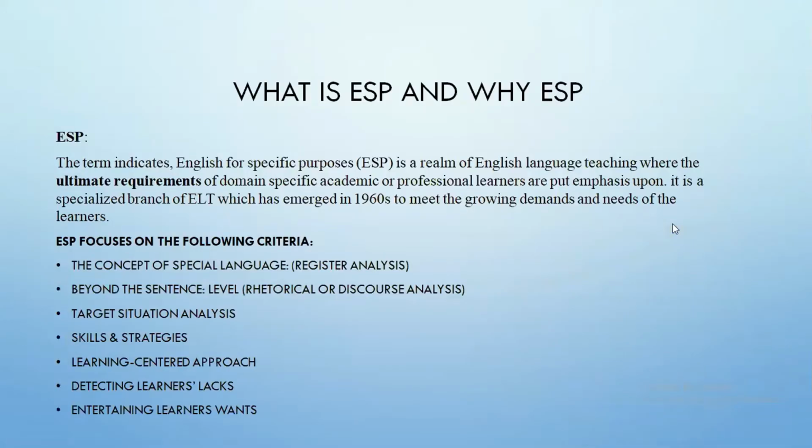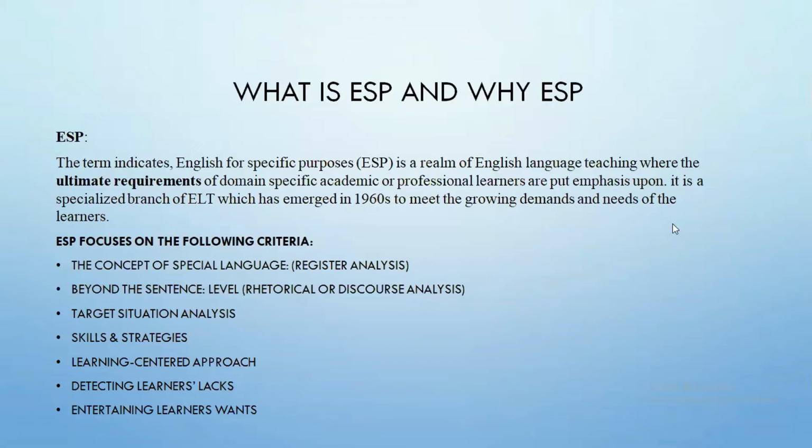What is ESP and why ESP? As the term indicates, ESP is a realm of English language teaching where the ultimate requirements of the domain-specific academic and professional learners are emphasized. It's a specialized branch of ELT which emerged in the 1960s to meet the growing demand and needs of the learners.